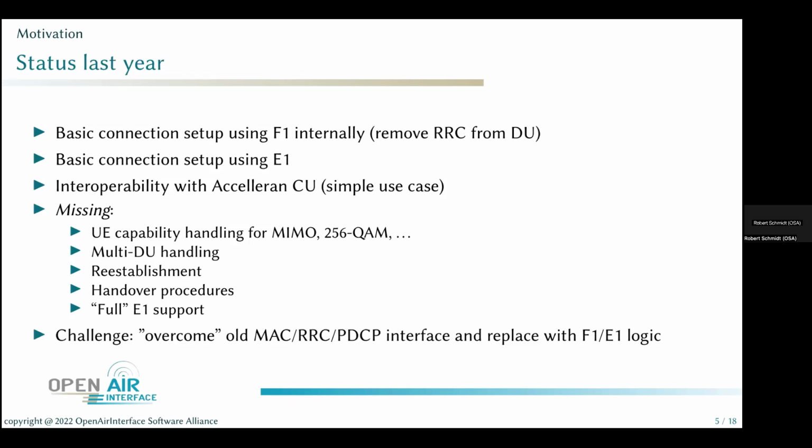So basically what had to be done was to reorganize a little bit inside to actually put this overall F1 and E1 logic in the middle so that we could, for example, then split the base station and have this also work properly in OAI when we actually split the gNB into the DU, the CU-CP, and the CU-UP.